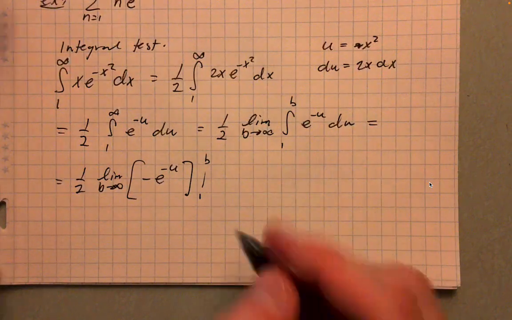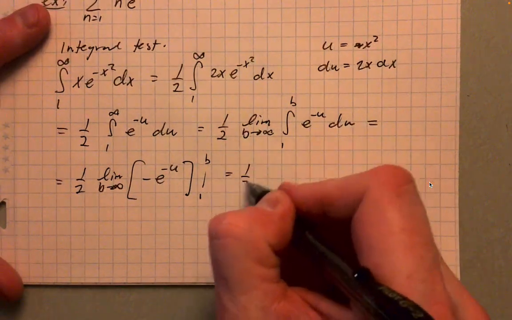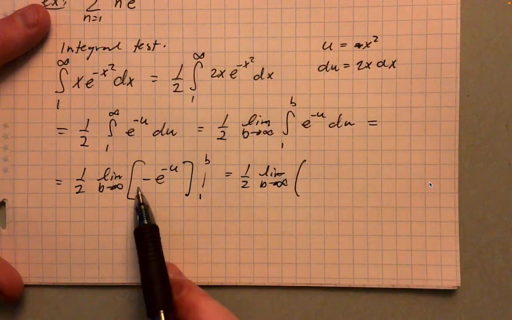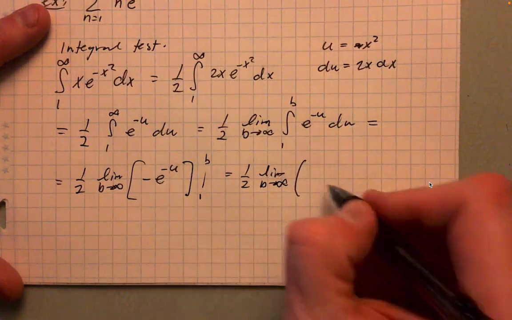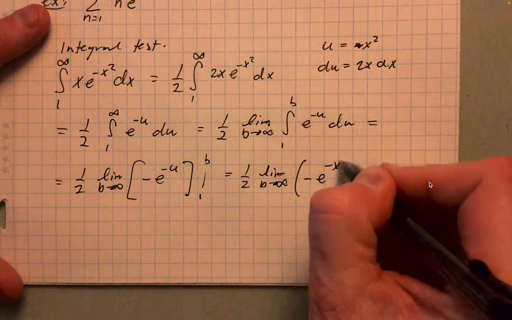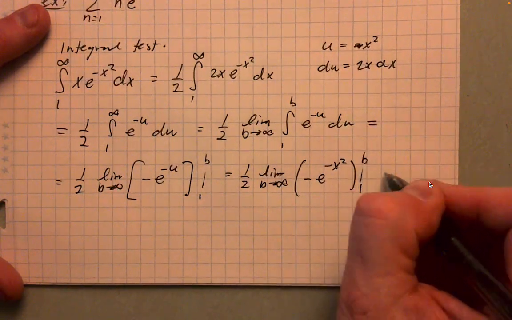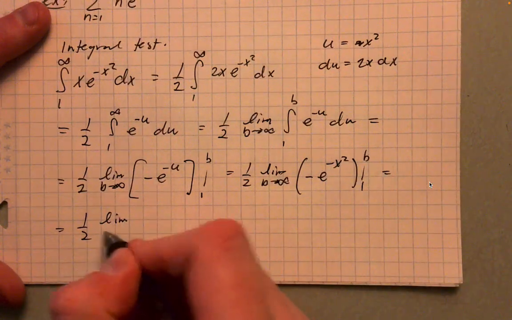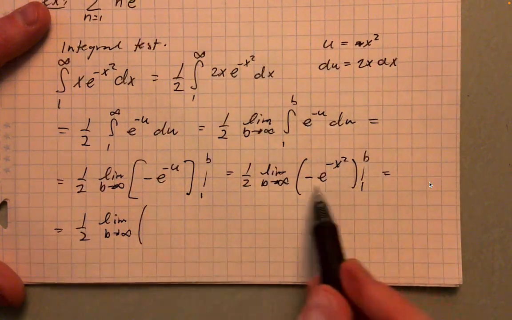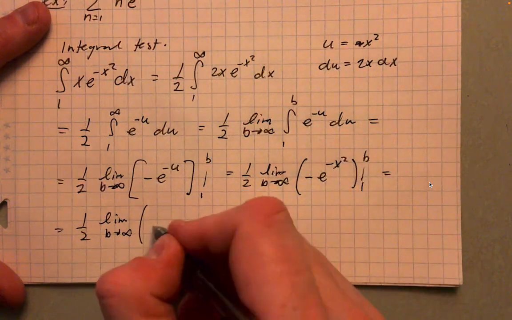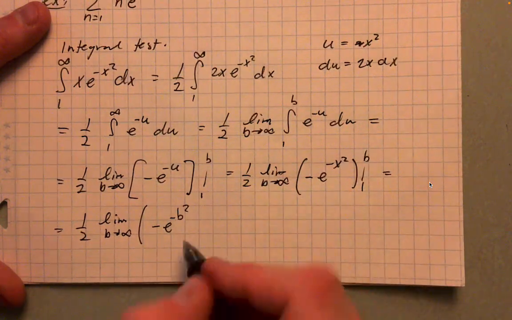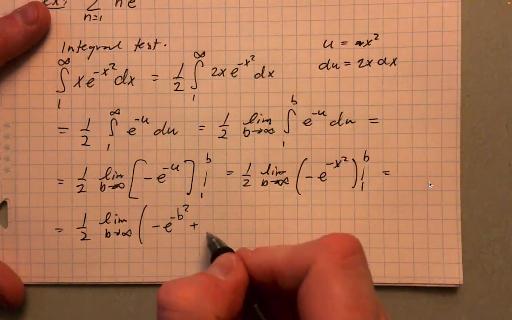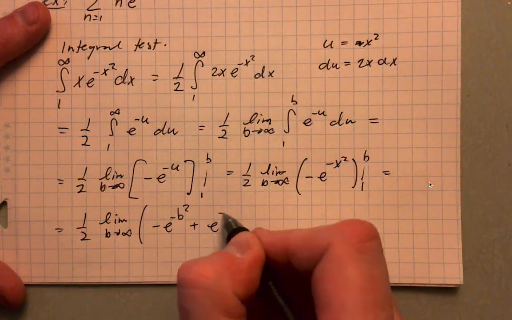And now remember the u is x squared, so this is negative e to the negative x squared from 1 up to b. So it'll be negative e to the negative b squared minus, so minus negative e would make it a plus e to the negative 1.